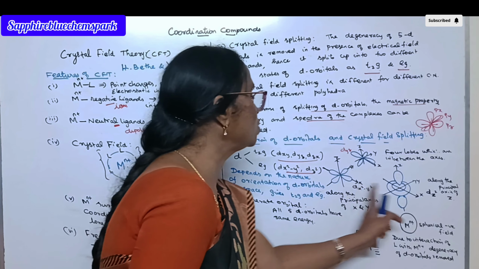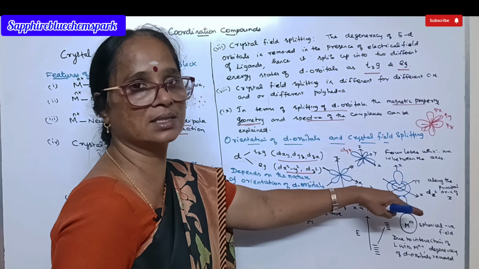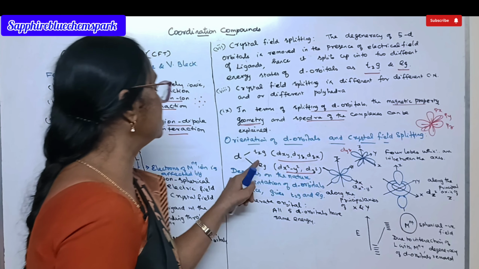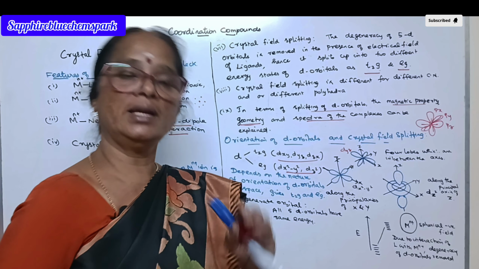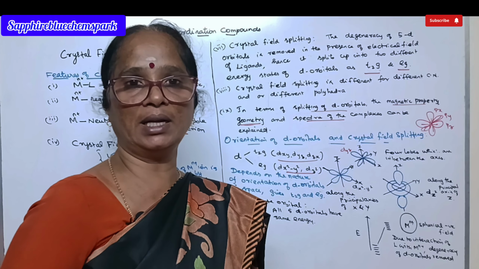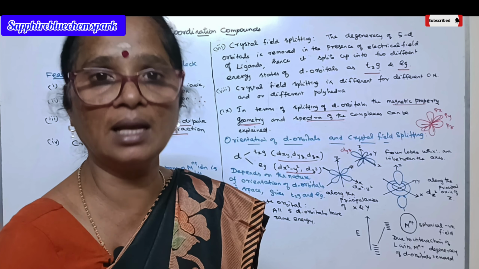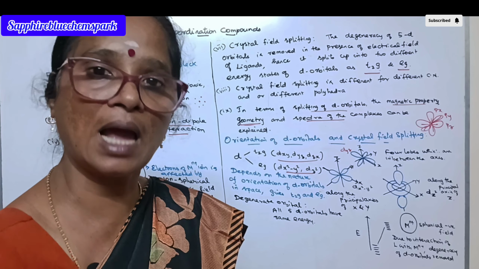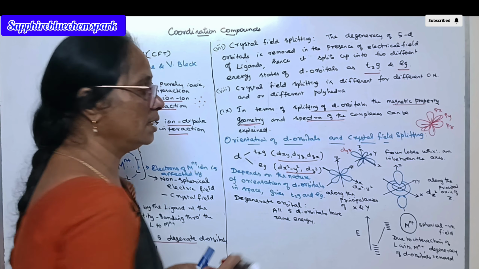So these 2 orbitals have their lobes along the principal axes and show a similar pattern. That's why they are grouped as Eg orbitals. So the d orbital has 5 different orientations: 3 of them have a similar orientation with respect to the axes, and the other 2 have a similar orientation. Based on that, they are grouped as T2g and Eg.